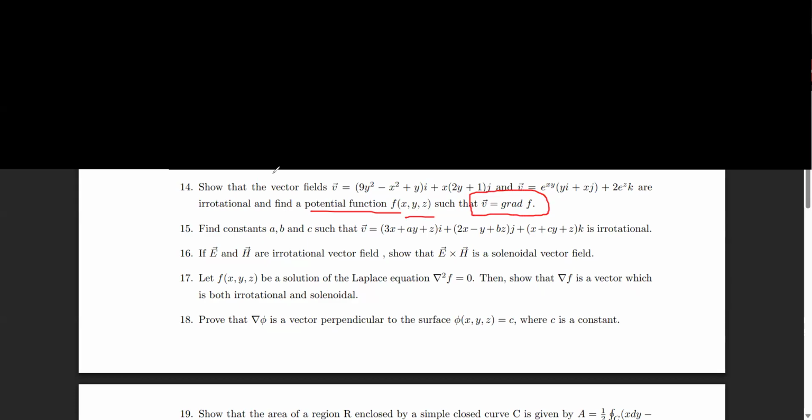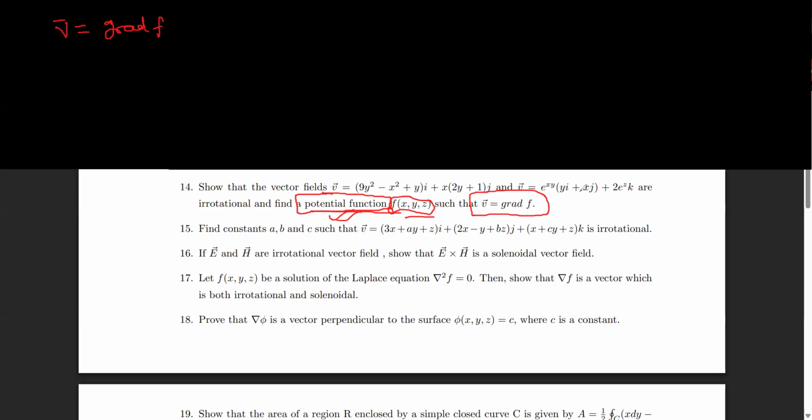Okay. So the question is not directly asked. Indirectly it is asked. Wherever you see potential function, it means you have to find scalar potential. So vector v is nothing but grad f, and f here is a scalar function.